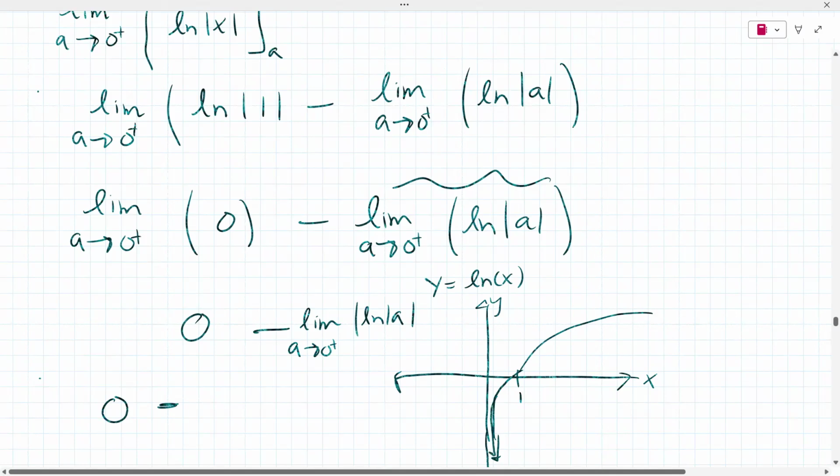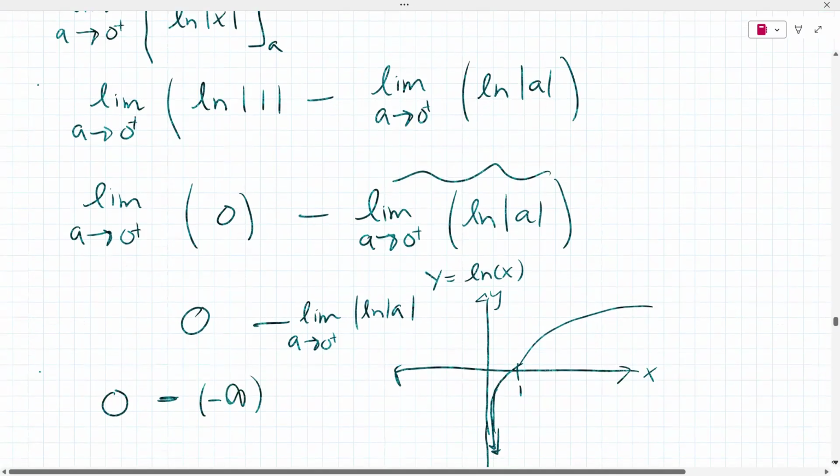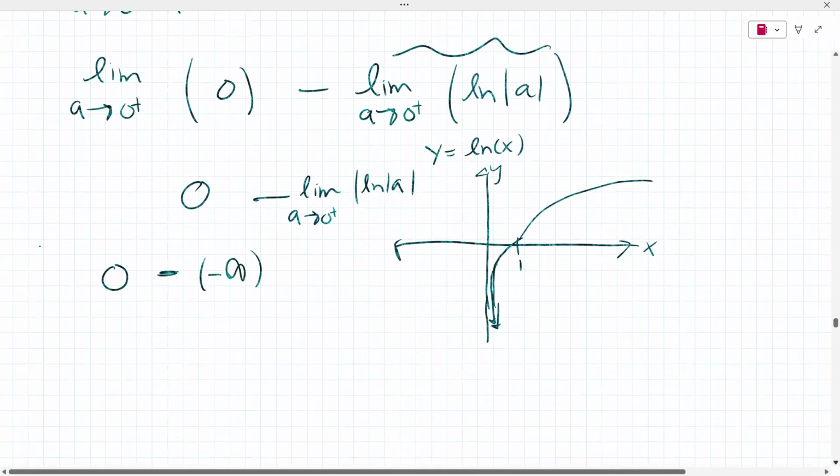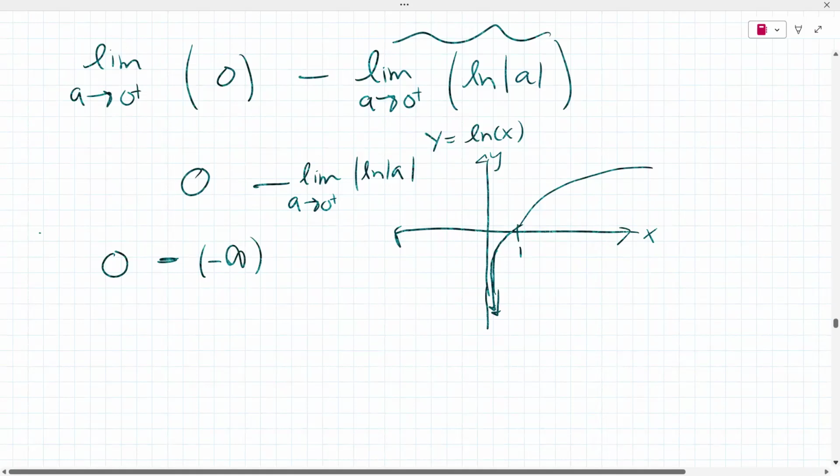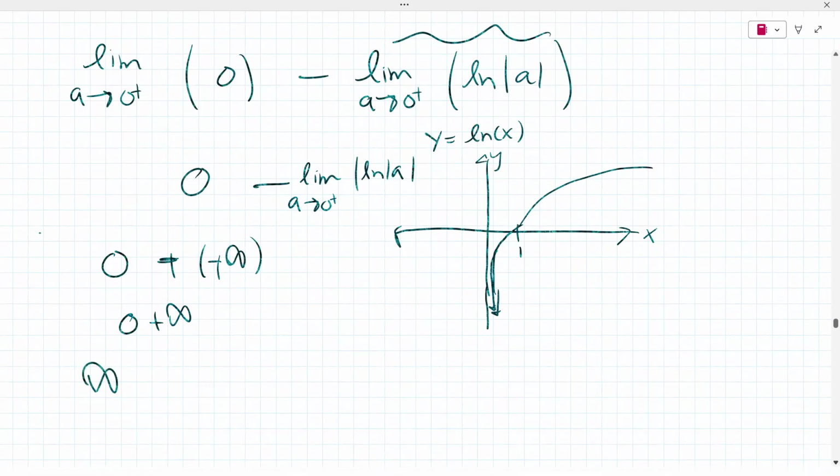It shoots down to negative infinity, right? So it's going to be negative infinity. So two negatives become a positive, so 0 plus infinity. So you could say infinity or undefined. You can also say it diverges.